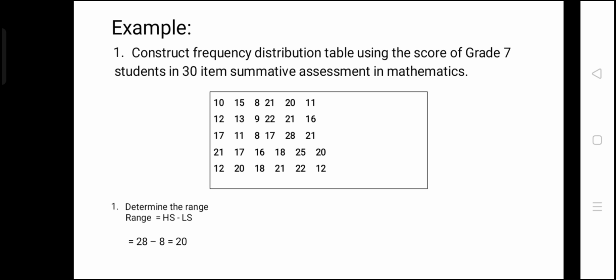To determine the range, it is the highest score minus the lowest score. The highest score na makita natin sa mga score sa grade 7 students is 28 and the lowest is 8. So 28 minus 8 is 20.